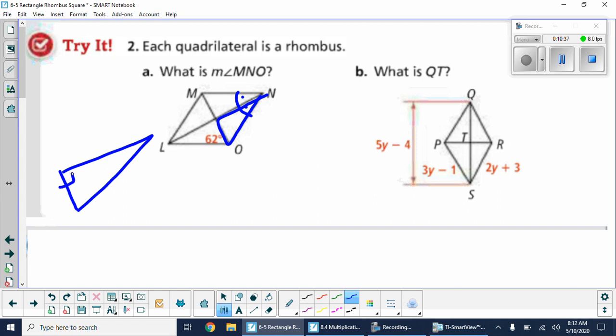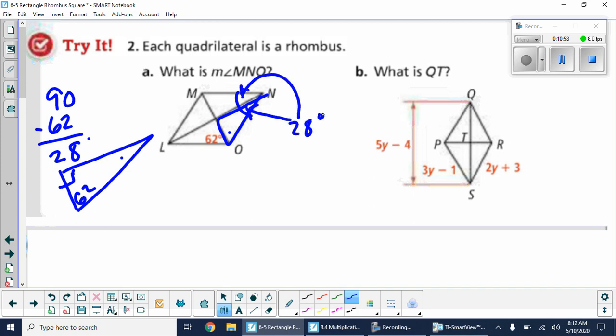We know that that's 90 degrees in the middle, and we know the angle right next to it's 62. So to figure out this angle, we could just do 90 minus 62. Remember the little shortcut, because we know we have a 90. That leaves us with 28 degrees here. So it means this angle and this angle are 28 degrees. So to figure out the whole angle, we need to do 28 plus 28, which leaves us with 56 degrees.